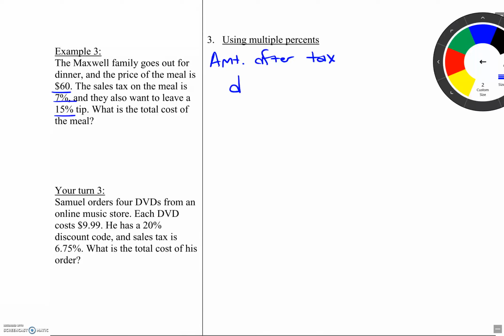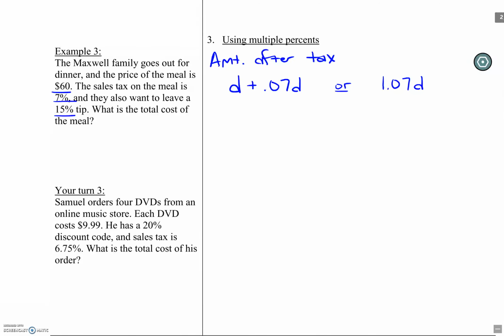That's going to be the price of the dinner plus 7% of dinner, or 1.07 times T. See, the amount that they're going to pay with just the sales tax is 60 plus 7% of 60, which comes out to $64.20.